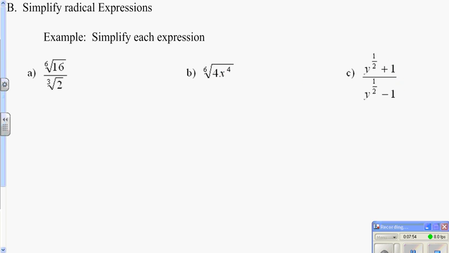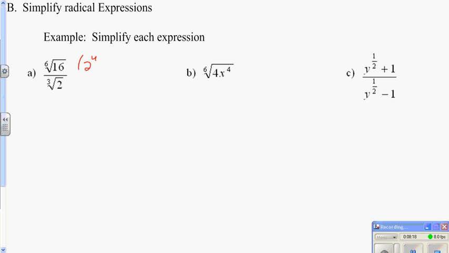Okay, next question. Now we're going to get into some interesting things. Those are just dealing with the properties. Now, as I said before, when it's possible, rewrite a number as a smaller number to a power. So let's take a look at 16. 16 is the same as 2 to the 4th.